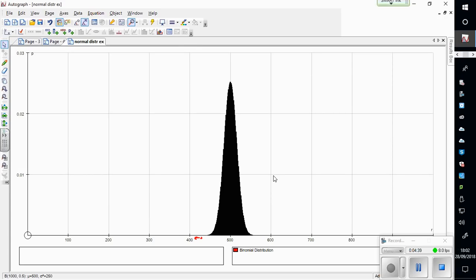So when p is 0.5, it's looking really symmetrical. Obviously, it looks almost perfect.